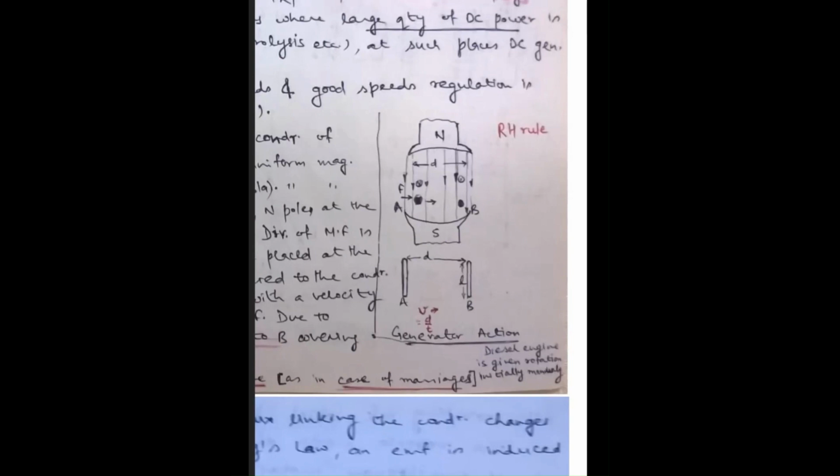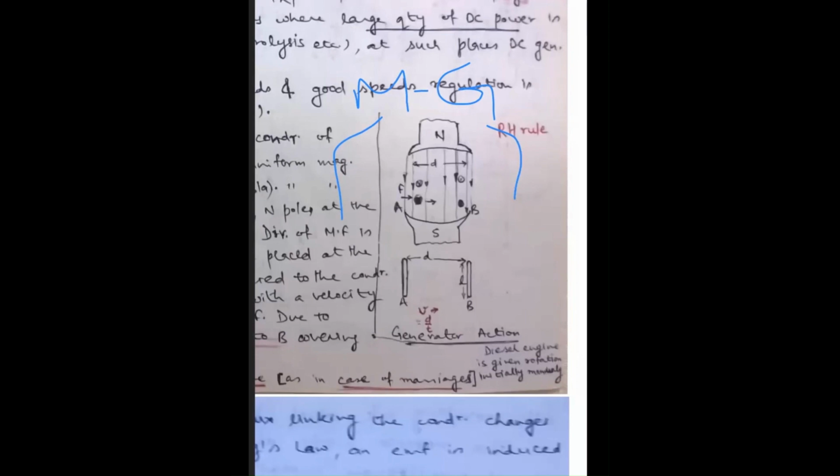And the second process of giving the rotation is to operate the MG set. So what is this MG set? This is a motor generator set. M for motor, G for generator. So what is the motor doing? The motor takes the electricity supply and rotates.